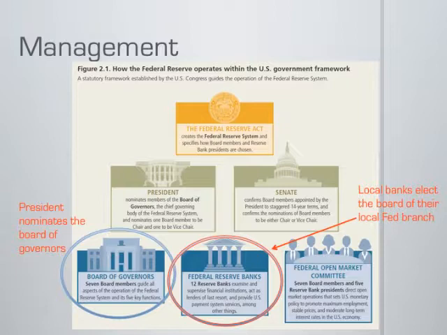So there are 12 independent Federal Reserve banks that have their own Board of Directors. And finally, there's this other entity over here called the Federal Open Market Committee. I'll talk about that on the next slide.